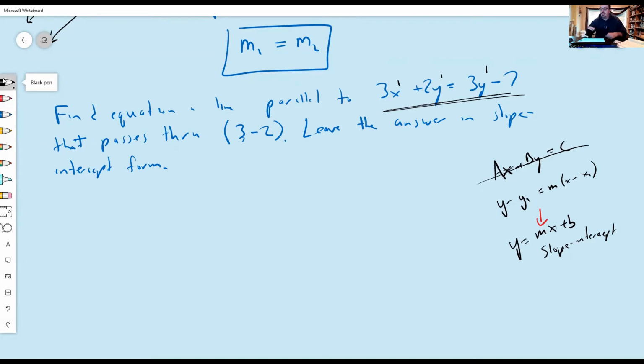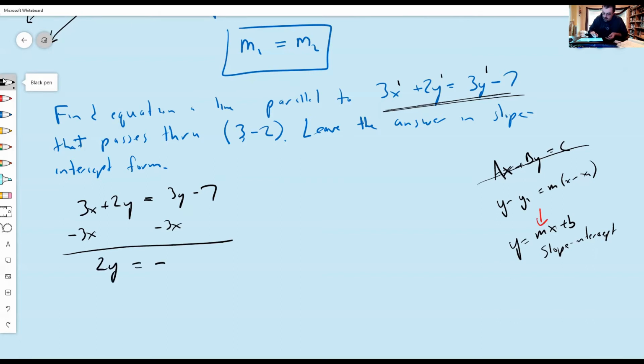So all we need to do is take our equation, 3x plus 2y equals 3y minus 7, and solve it for y. Let's go ahead and subtract 3x to get at least y on the one side by itself. So 2y equals minus 3x plus 3y minus 7.